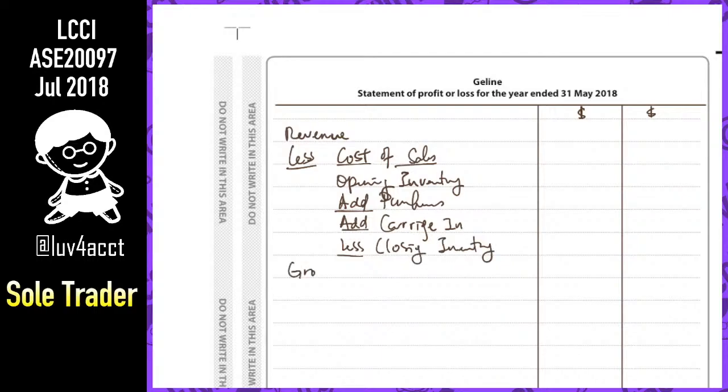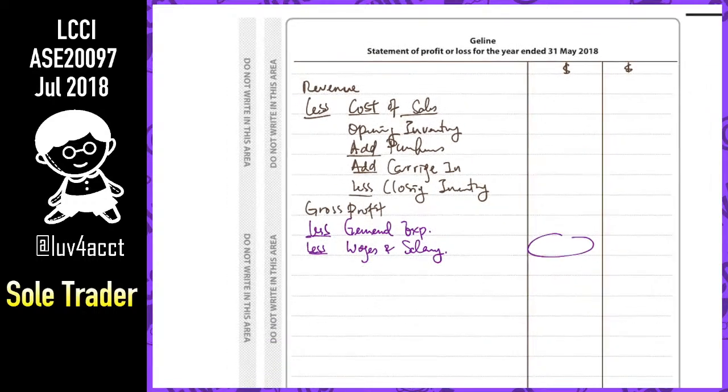We have gross profit. Okay, and then we have 2 expenses items. Okay, less general expenses and also wages and salaries. Okay, this we have to find. Okay, this is the last item, and then we have net profit for the year.